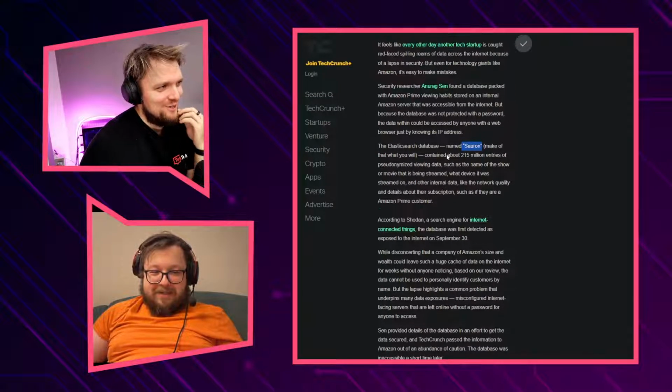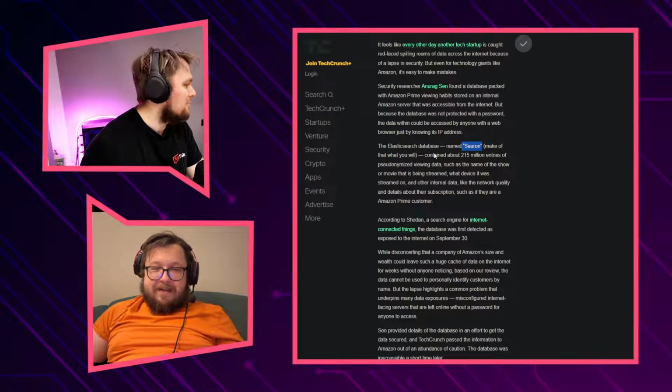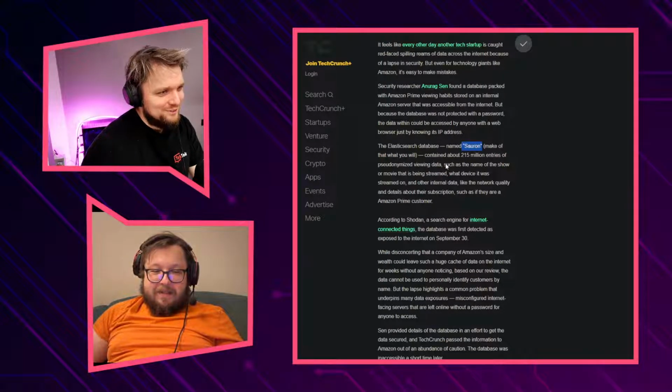On the nose. Amazon server named Sauron. Really? The all-seeing eye. At the same time that they are doing the Lord of the Rings. Yes. So I don't know why, but they named it Sauron.